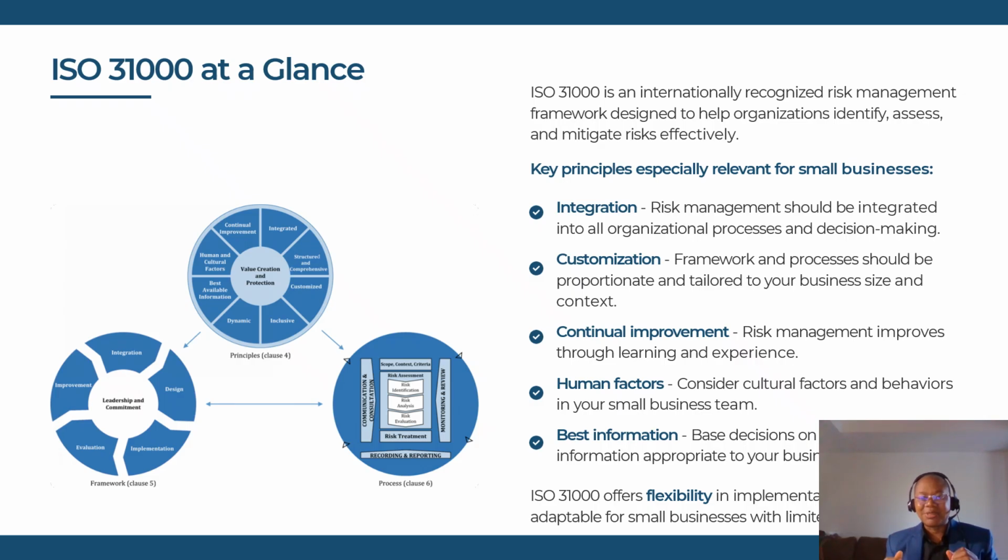This is important because any area we overlook may be the source through which our organization gets run over. Then customization. Framework and processes should be proportionate and tailored to meet your individual business needs according to your size and the context that you face.